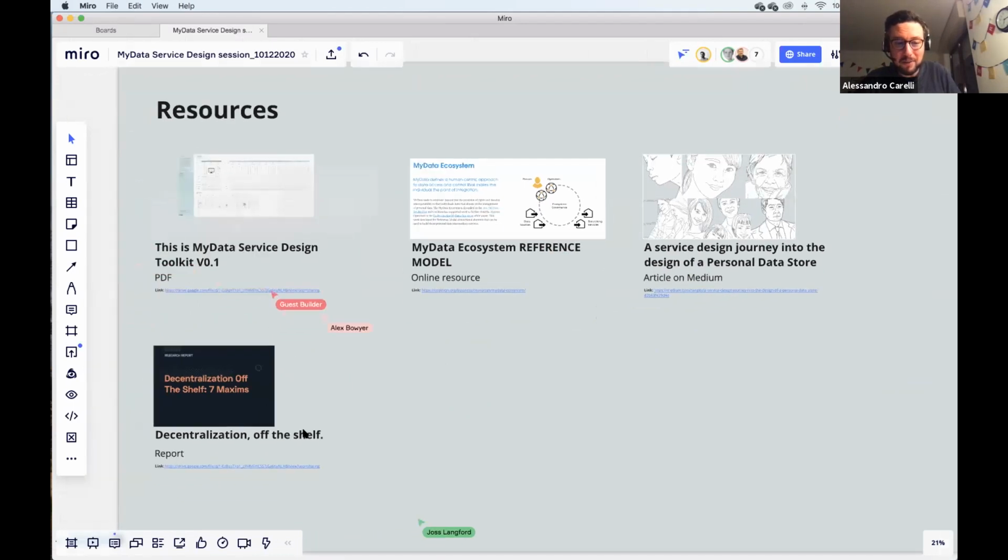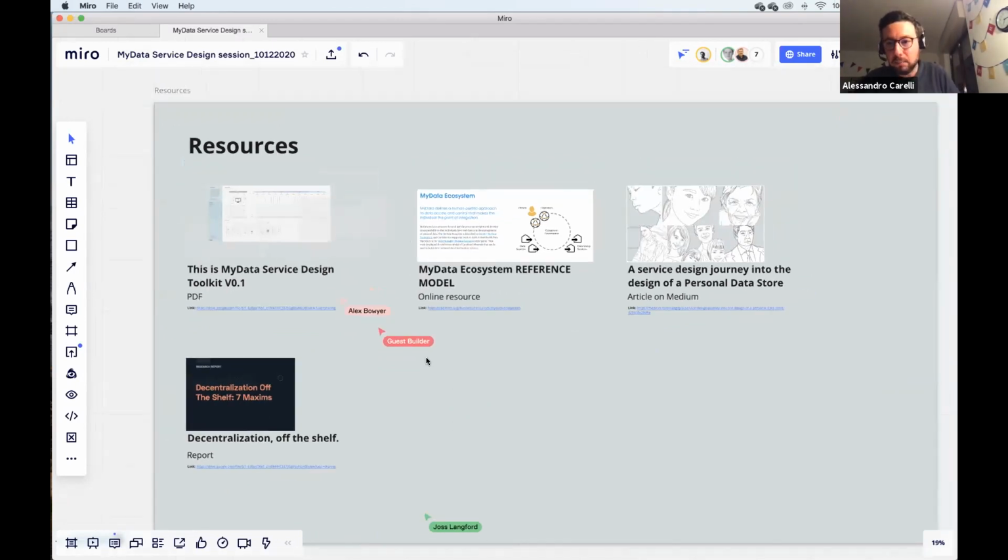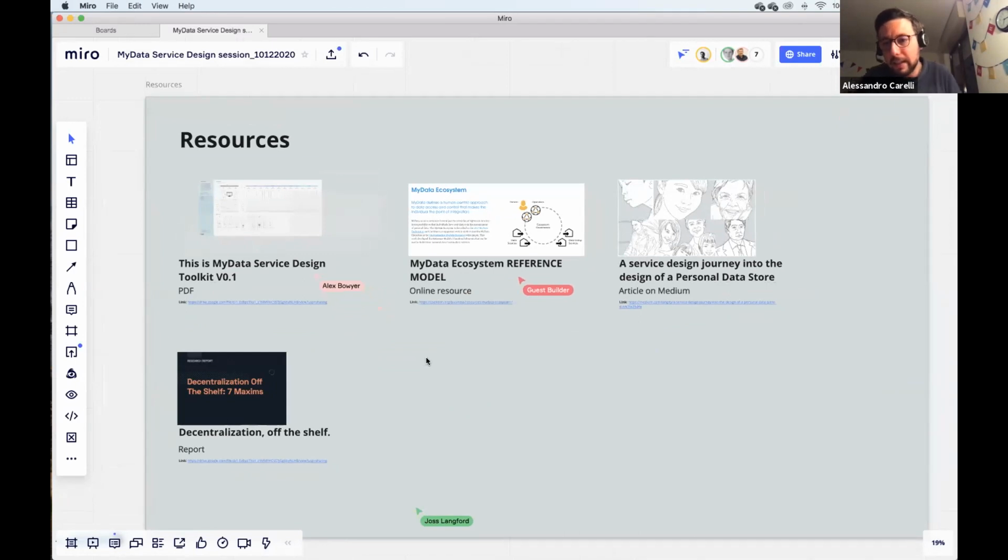The final resource is a very interesting paper that SimpliSecure helped to create, called Decentralization off the Shelf. This was a very first input when we created this workshop with SimpliSecure. So it's super interesting, and I definitely suggest reading it. So I think this is pretty much everything.